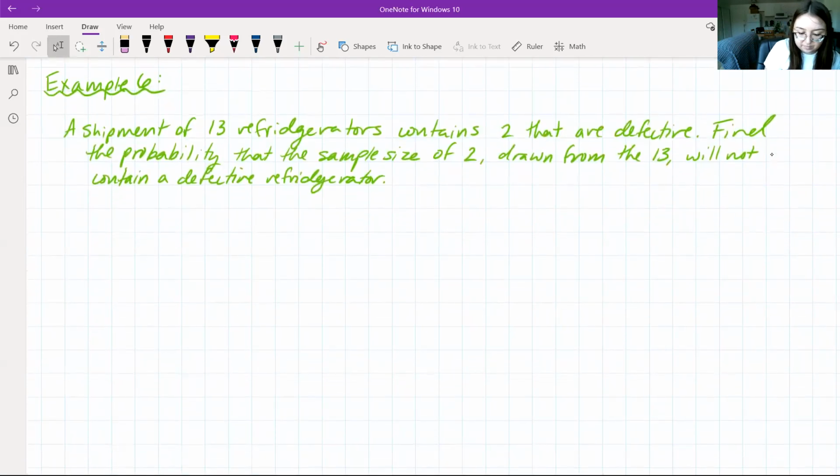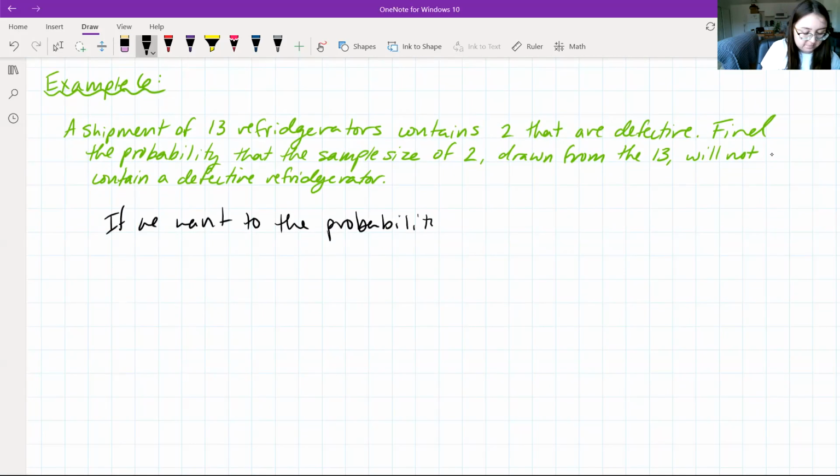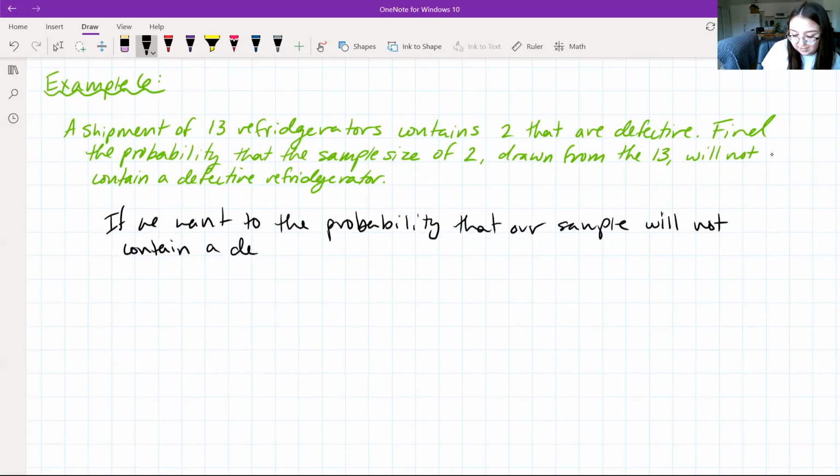So if we want to find a probability that our sample will not contain a defective refrigerator.